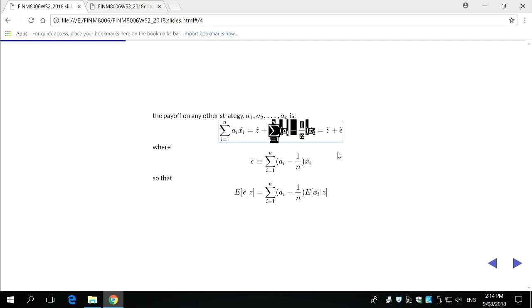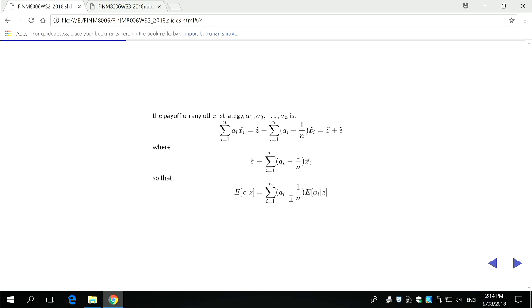If the expectation of this epsilon tilde equals 0, then we can use the Rothschild-Stiglitz theorem that says this is not optimal. We don't want something that's pure risk but has higher variance.